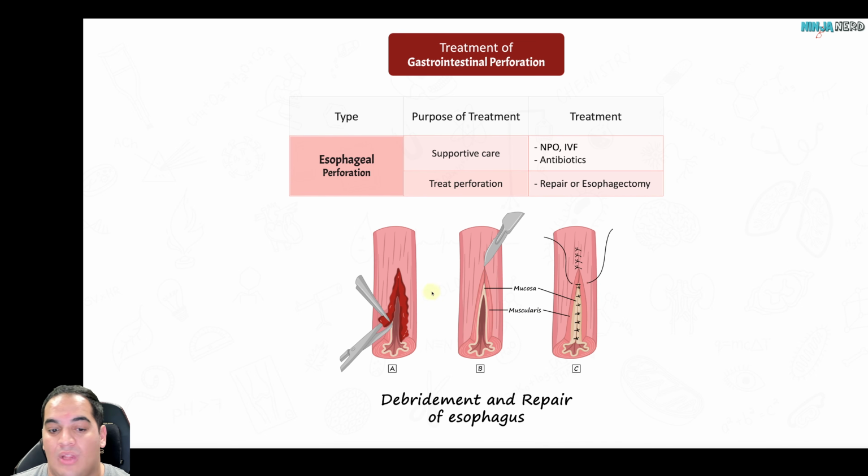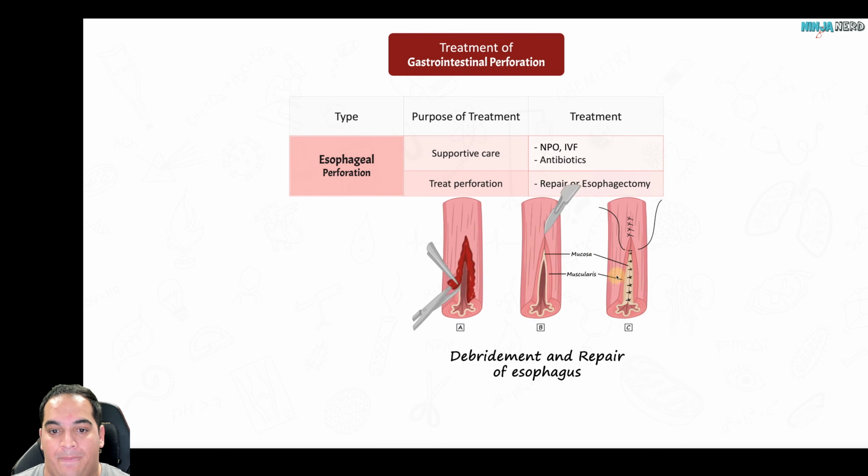Cool. If the damage is too far gone, it's so erosive, there's not even enough area that you can suture together or repair, you may have to cut the esophagus and do an esophagectomy and maybe an end-to-end anastomosis potentially, or use another type of tissue to create the conduit between the top end of the esophagus and the bottom end of the esophagus where you remove the middle portion that was diseased.